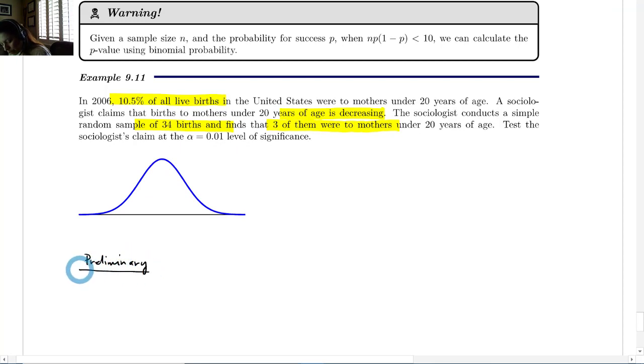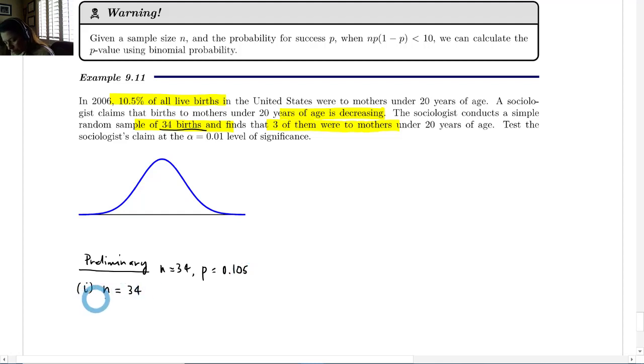The preliminary for proportions says that the sample size n is equal to 34, because that's the sample we took, and the population proportion of mothers under 20 years of age is 10.5%, so 0.105.